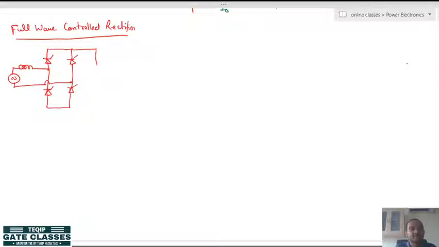And it is our load. So, it is I naught and this is plus minus V naught, T1, T3, T2, T4, source, IS and LS. So, let us draw the waveforms.